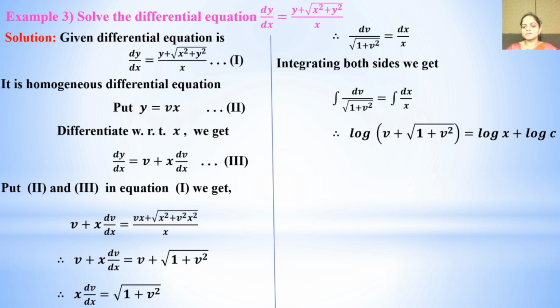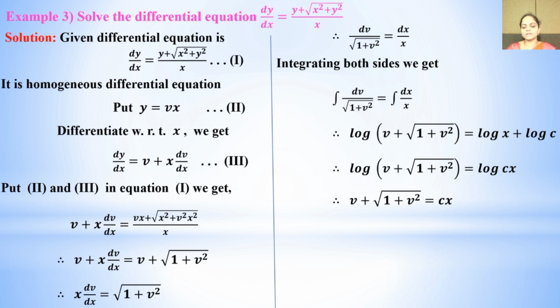Now we use the rule on the RHS, which is log m plus log n is equal to log of mn. So this equation becomes log of v plus root of 1 plus v square is equal to log cx. We know the rule, if log m is equal to log n, then m equal to n. So this equation becomes v plus root of 1 plus v square is equal to cx.